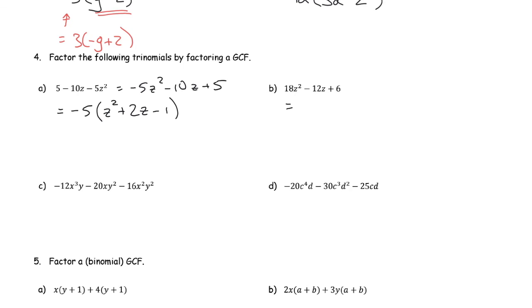Okay, so that's good. I like that. When I look at the three terms there, 18, 12, and 6, there's a common factor of 6. But the z is not common to all three terms, so that's okay. So 18 divided by 6 will be 3. Nothing changes with the z squared. -12 divided by 6 is -2. Nothing changes with the z. And 6 divided by 6 is 1.